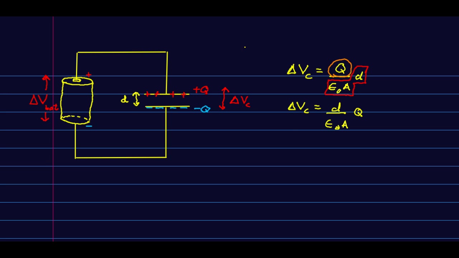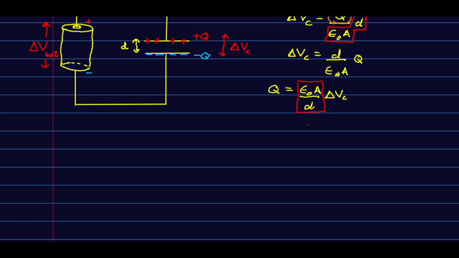And in fact, we usually flip that around, so we would write it Q is epsilon naught A over D, delta V_C. And so all of this is a constant property of the capacitor.